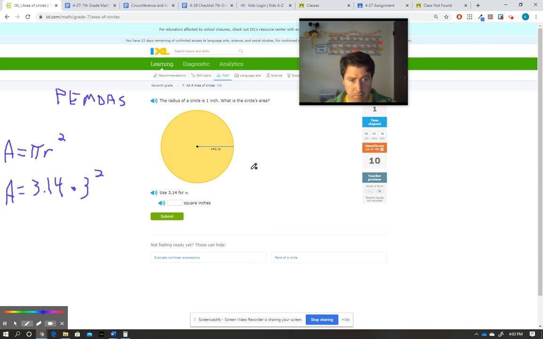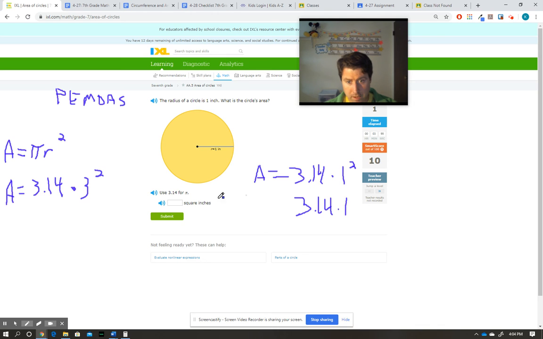So now for this problem, I'll write it right here. Area equals 3.14 times 1 squared. And as I told you before, 1 squared is just 1. I'm going to multiply this by 3.14. And then I'm going to have my answer. And that's an easy one. That's going to be 3.14.